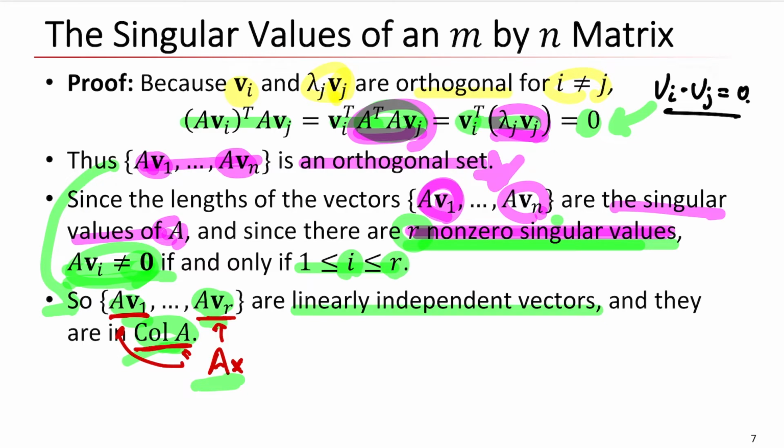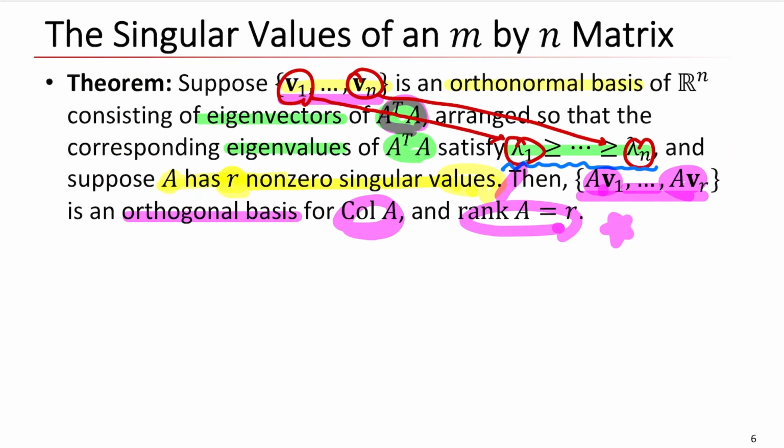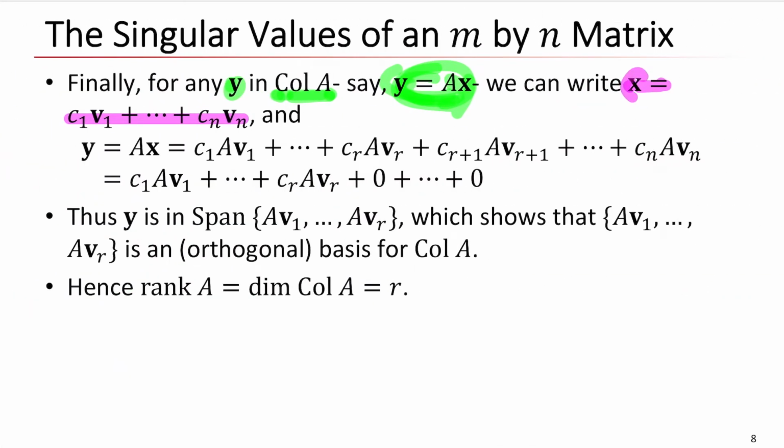Because v1 through vn is also an orthonormal basis, so any arbitrary vector x can be defined by a linear combination of v1 through vn. Then y equals Ax can be reformulated as c1 A v1 plus ... plus cr A vr plus ... plus cn A vn, right?